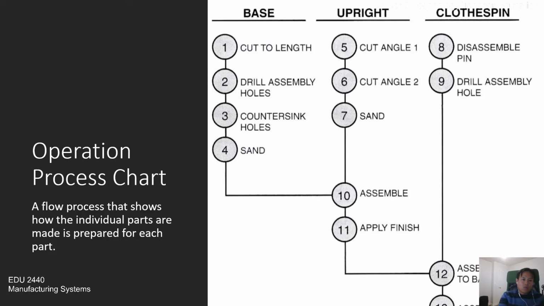And then second is the operation process chart. This is a little bit zoomed out from the flow process chart. It illustrates the operations. First of all, the base, upright, and close pin. For the base example, cut the lens, enter the assembly hole, countersink hole, and sand. After these processes, in sequencing, it goes to assemble.